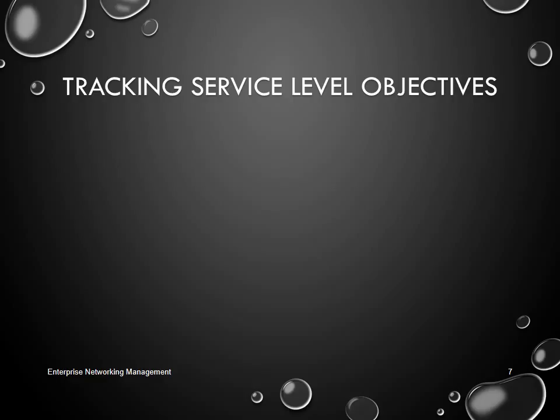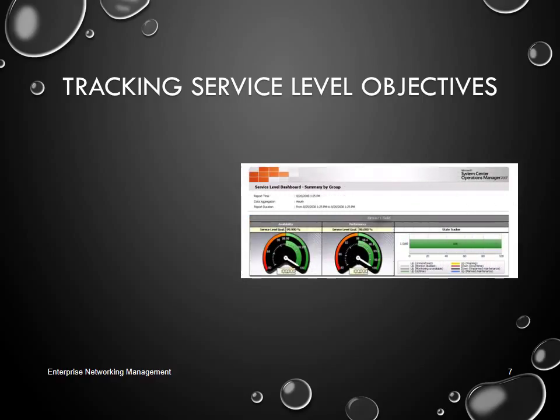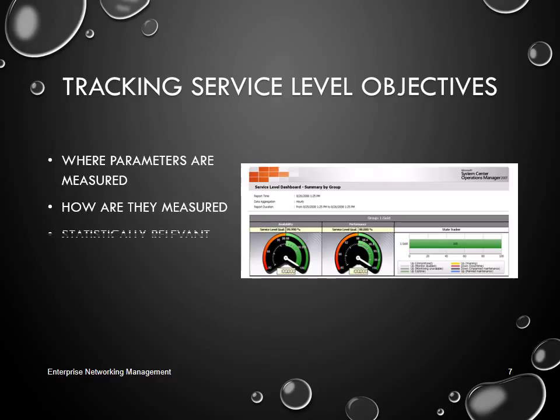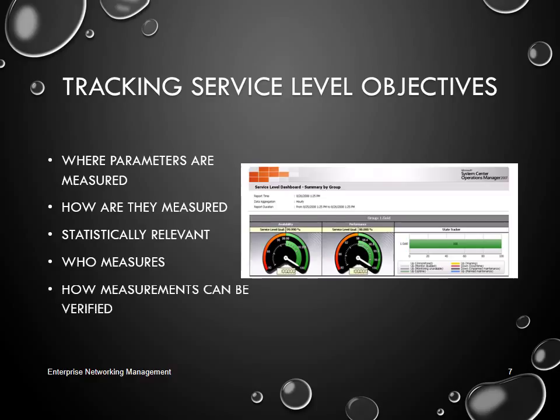Tracking service level objectives. Make sure you are clear about where parameters are measured. You have to be clear about how parameters are measured, and make sure that measurements are statistically relevant.